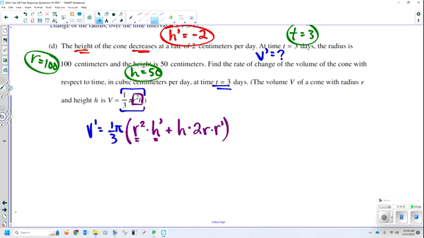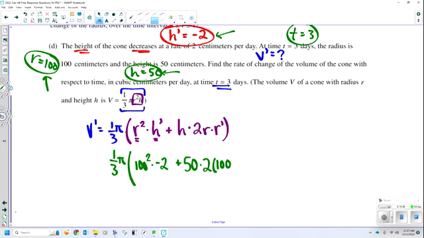This 1/3 pi will just stay there, okay? R, the radius is 100 at time 3, so that's 100 squared times h prime. That's -2. Plus h, well, my h is 50, that's given to us, times 2 times my radius, which again is 100, times r prime.